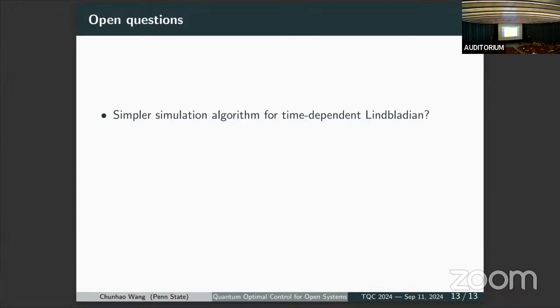If you use Gaussian quadrature, you don't need to take care of the time ordering. But here, you need extra techniques to take care of the time ordering. For example, you need this quantum sort or compression scheme to handle it. So this is more complicated, and we wonder if we can get a simpler time-dependent simulation algorithm.